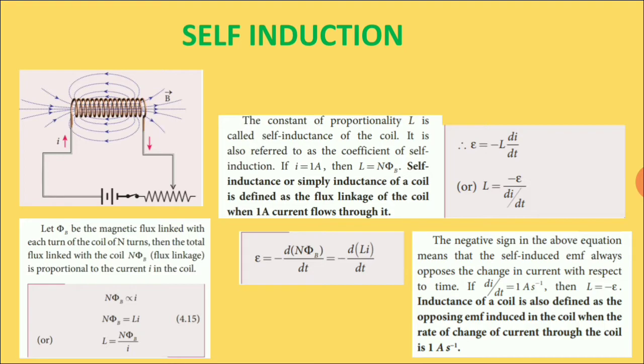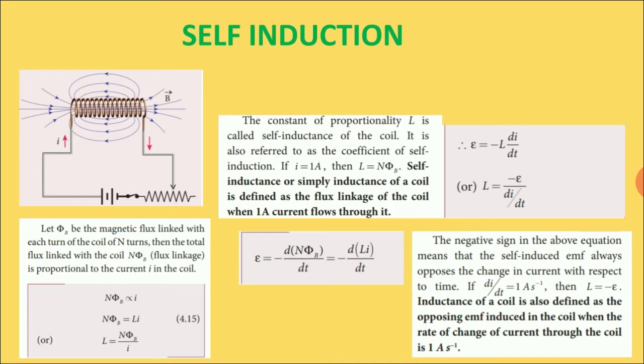Then the total flux linked with the coil, N phi_B, is proportional to the current I in the coil. So N phi_B is equal to LI, or L is equal to N phi_B by I.